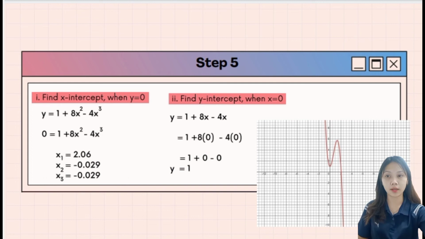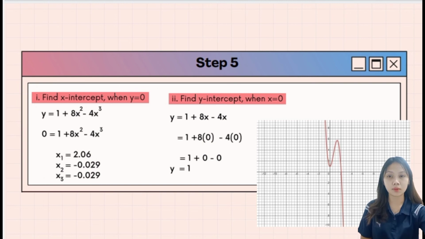First, we have to find x-intercept when y equal to 0. For example, y equal 1 plus x squared minus 4x cubic. Then we have to change y to be 0. 0 equal to 1 plus x squared minus 4x cubic. Then the answer for x1 is 2.06 and x2 is negative 0.029 and x3 is negative 0.029.